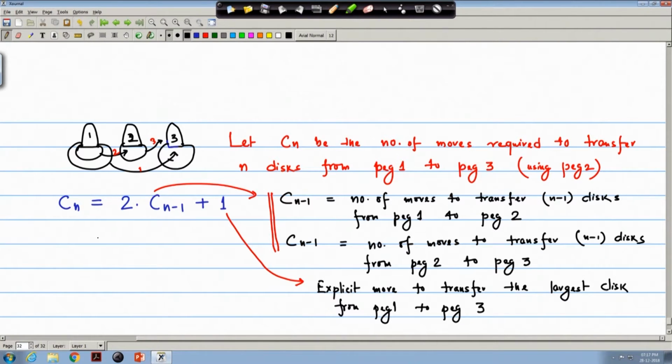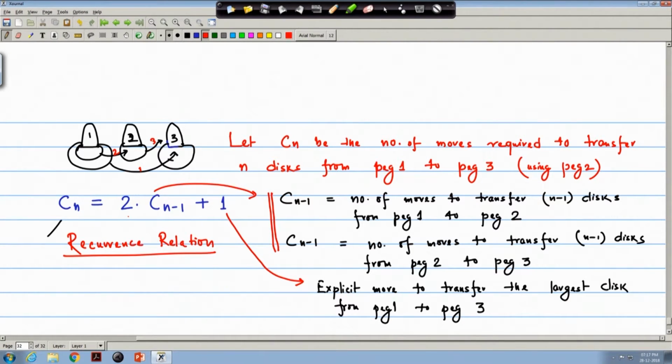So, this is my recurrence relation for the Tower of Hanoi problem, and it is very much clear that we can represent this in a much easier way.